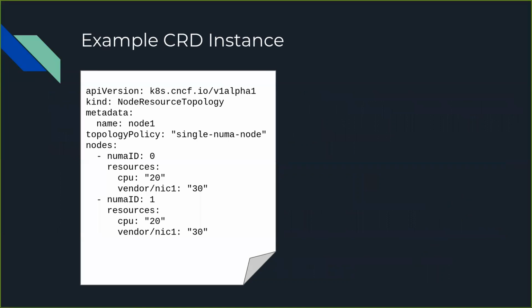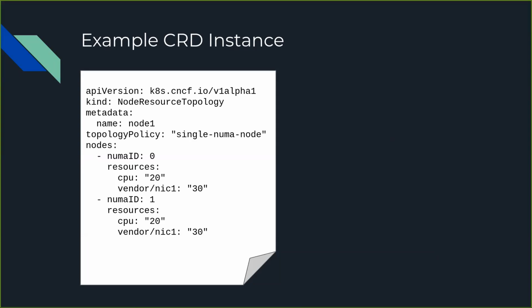Here you can see an example of a CRD instance. It contains the topology policy, because it's important to know which topology policy is in use on the worker node.